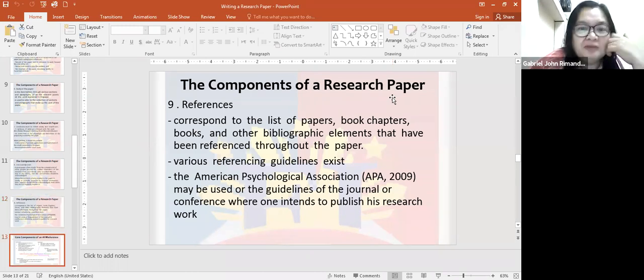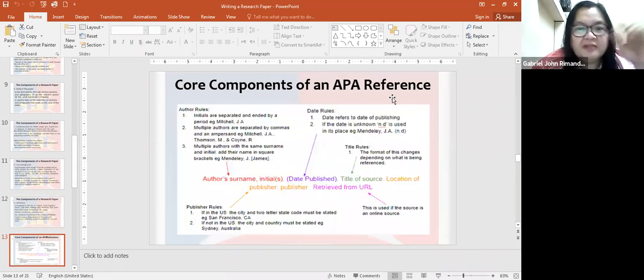Now, how to create your APA style guide? Just follow this one. Start with the author's surname, then initial or initials. For example, my name is Clarinda M. Estrella. So it will be Estrella, comma, C and M. Okay, you will not write the full name.